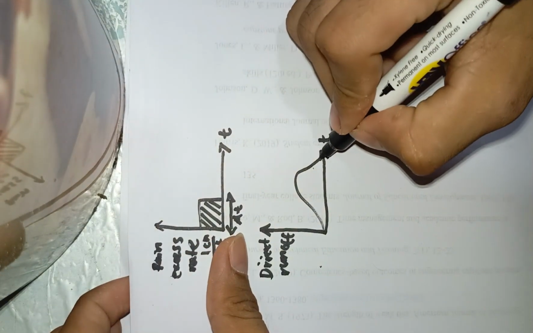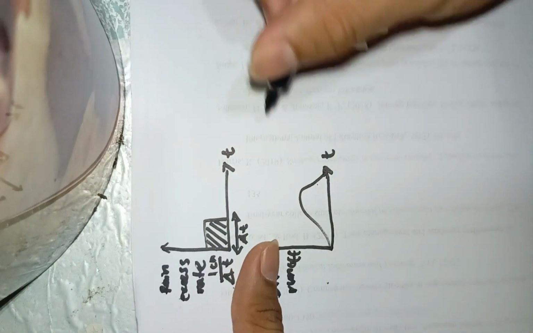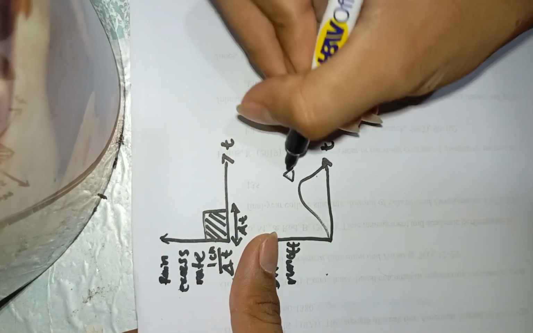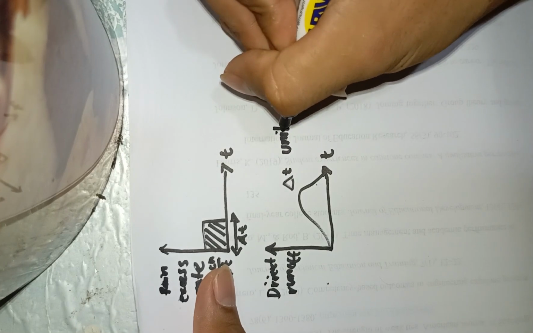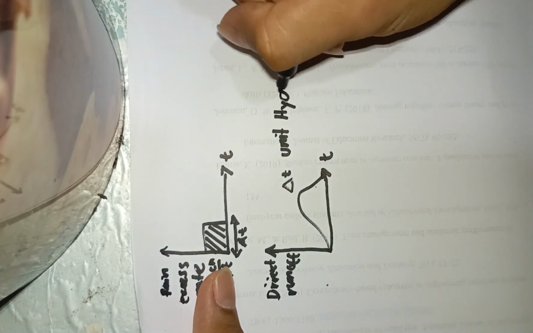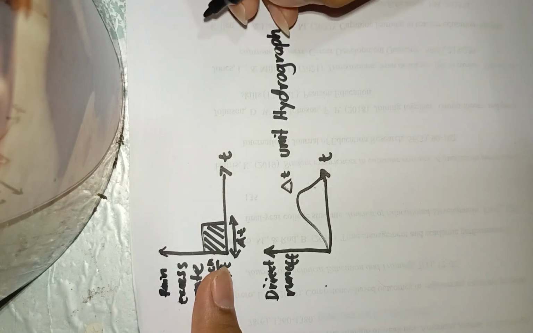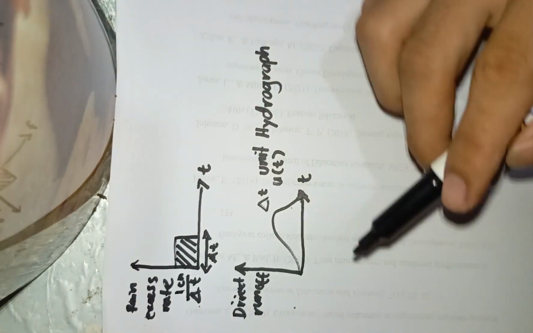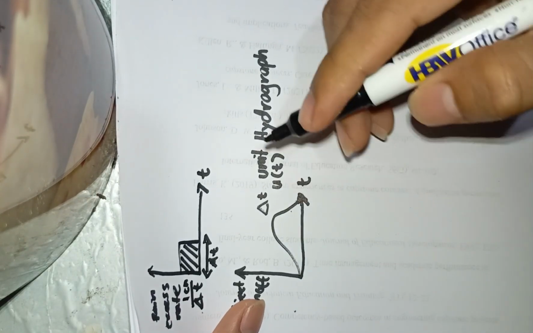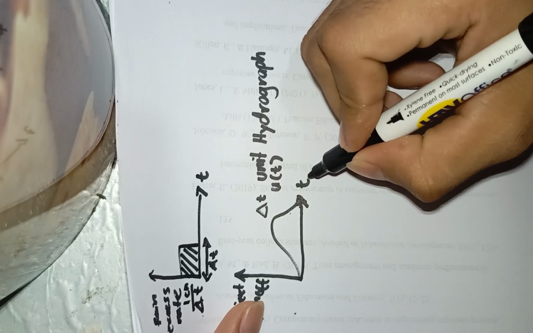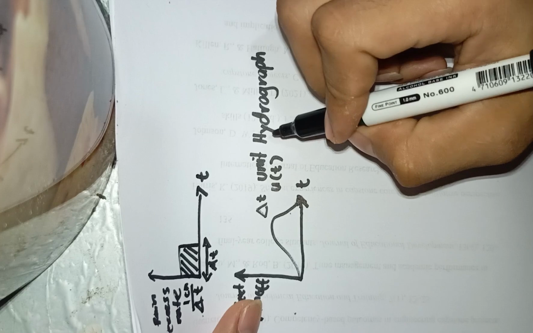After that, we call this graph a delta T unit hydrograph. Because the ordinate of the hydrograph is a function of T, we show it by U open parenthesis T close parenthesis.